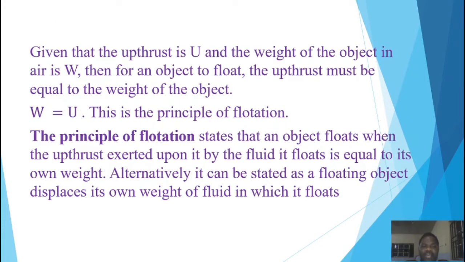Okay, we now say, given that the upthrust is U and the weight of the object is W, then for an object to float, the upthrust must be equal to its own weight. So we write it, the weight is equal to the upthrust. This is what we call the principle of flotation.